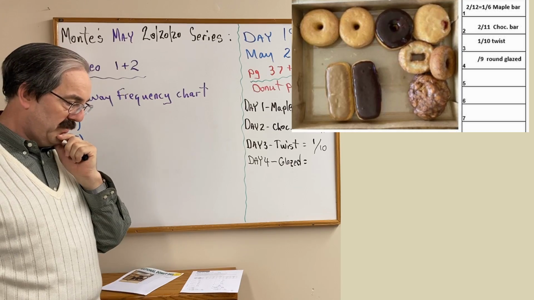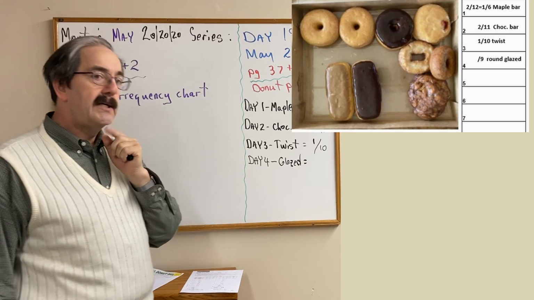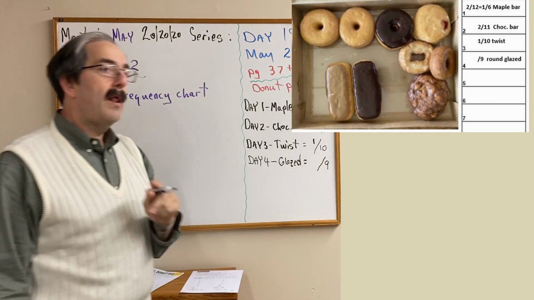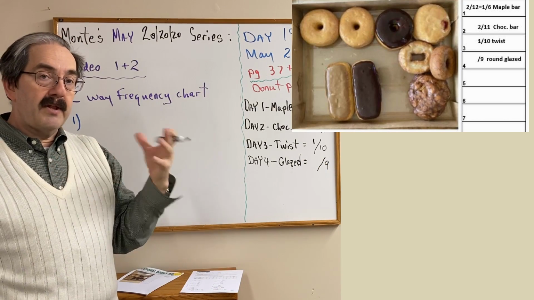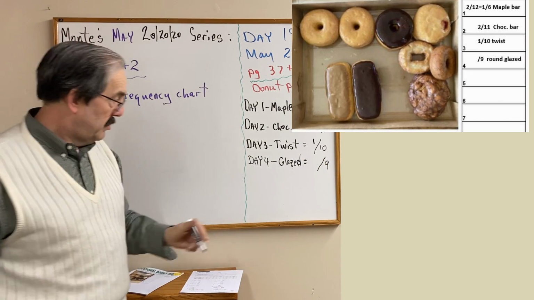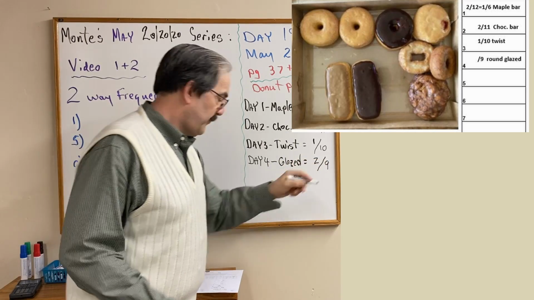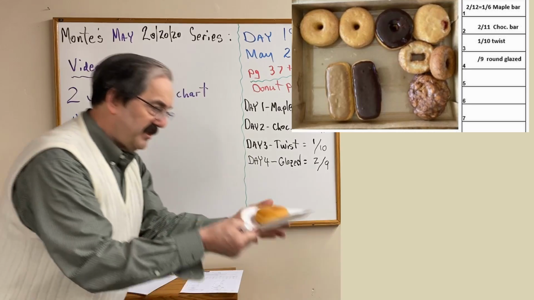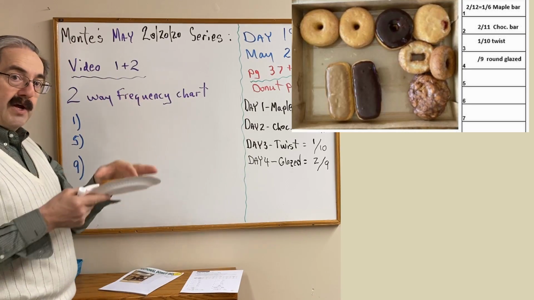So now how many donuts are left? 9 donuts. How many of the glazed are there? 2. 2 of 9. So we reach in, we grab the glazed. We're ready to go.